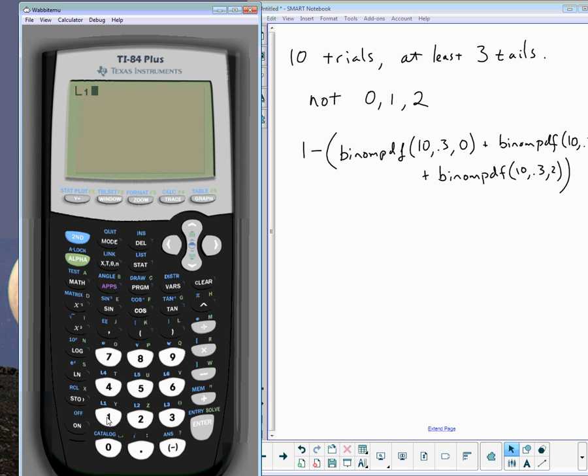You go second L1, 1. Not L2. This is the first element in that list. Here's the second element in that list. You see? So it's almost kind of like function notation. Okay?